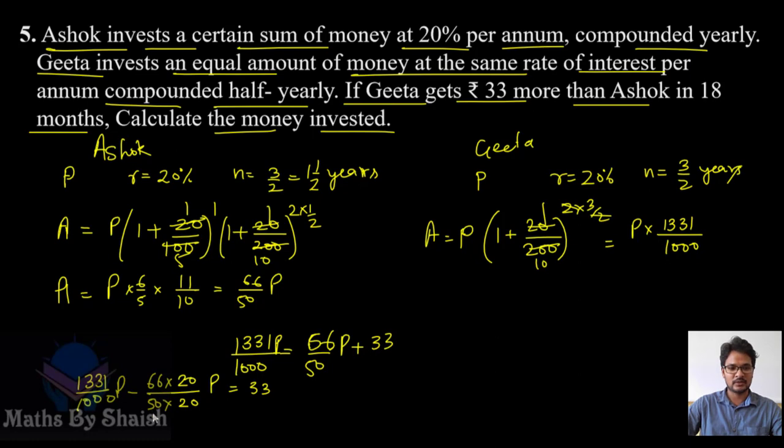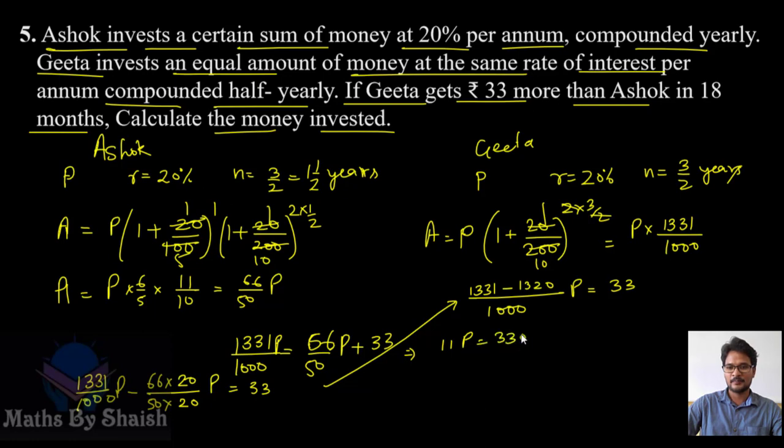Now it is easier to calculate because the denominator is the same. So from here we will get 1331 minus 66 into 2 is 1320 upon 1000 P equals 33, and we get from here 11 P equals 33 into 1000 is 33,000, that is P equals 3000.